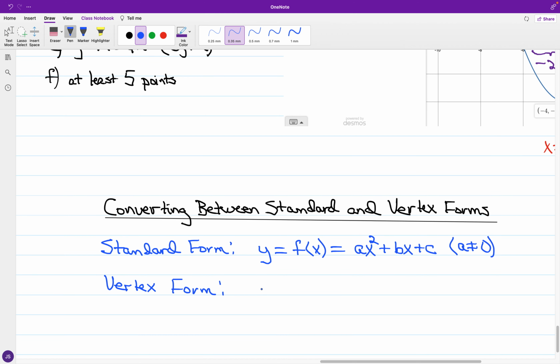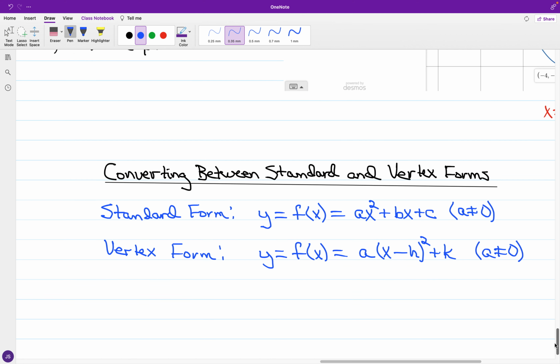And for the vertex form, you can have a times the square of x minus h, followed by the addition of k, and again, a does not equal 0.